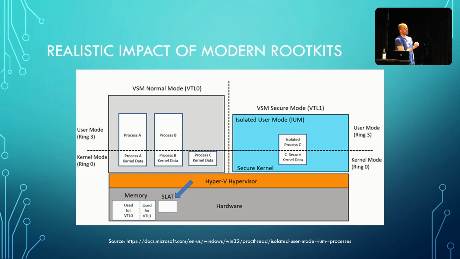But then that's not actually the physical address. There still is a translation from that address to the actual physical address. That physical address is, I think, called GPA, guest physical address, and it's translated into SPA, which is system physical address. And that's all controlled by SLAT.